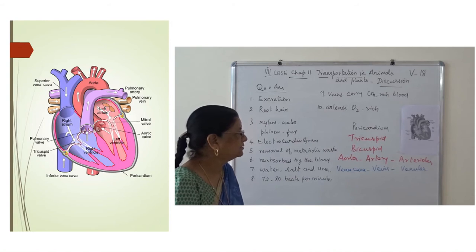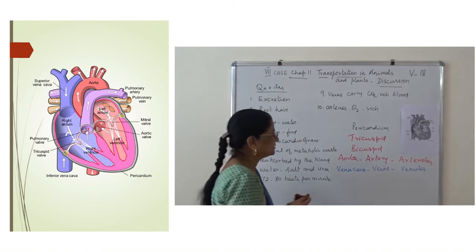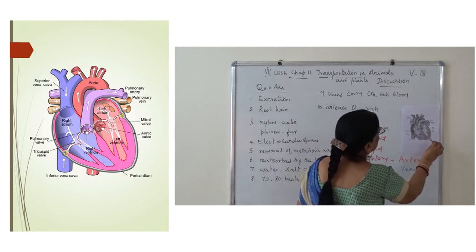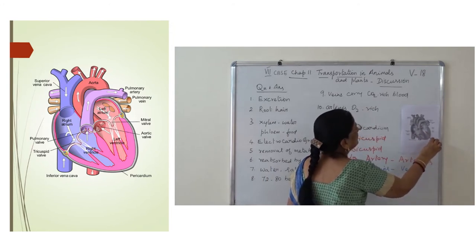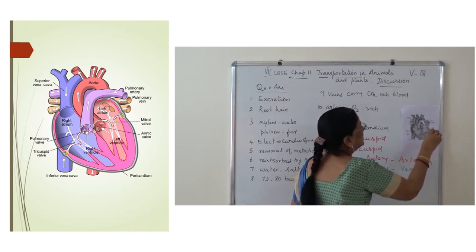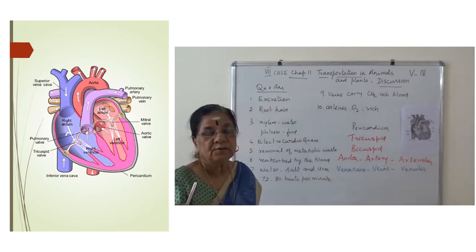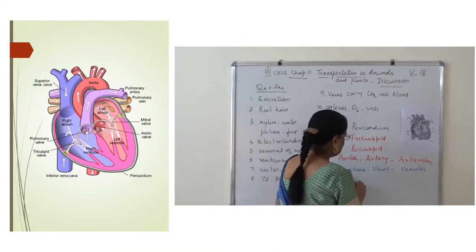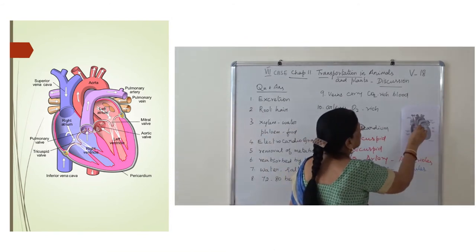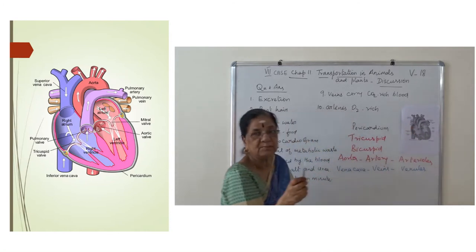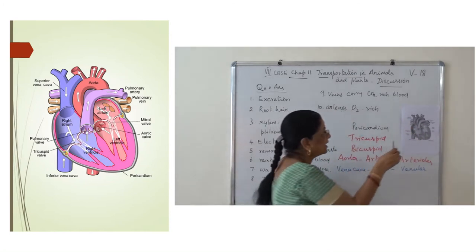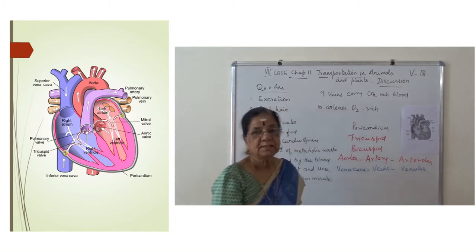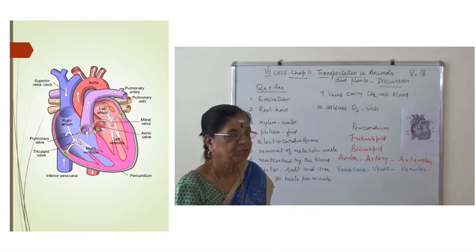So the major blood vessel aorta starts from here. From the left ventricle, blood goes to the aorta and is distributed to various parts of the body. In the same way, the vena cava is a major blood vessel. There are two major blood vessels for the vena cava. On the anterior side, it is the superior vena cava. On the posterior side, the inferior vena cava.